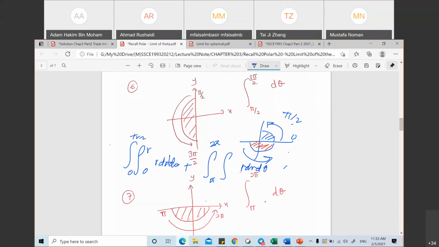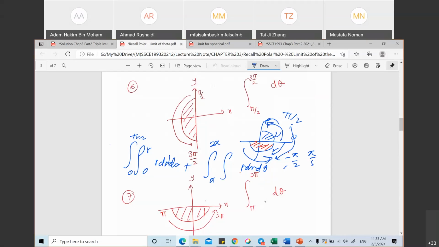So there's no way to make it into one. Cannot, because it is moving, either move here or move here. If you want to merge, maybe you can merge these two, but we have left here. For this, it is negative pi over 2 to pi over 2.